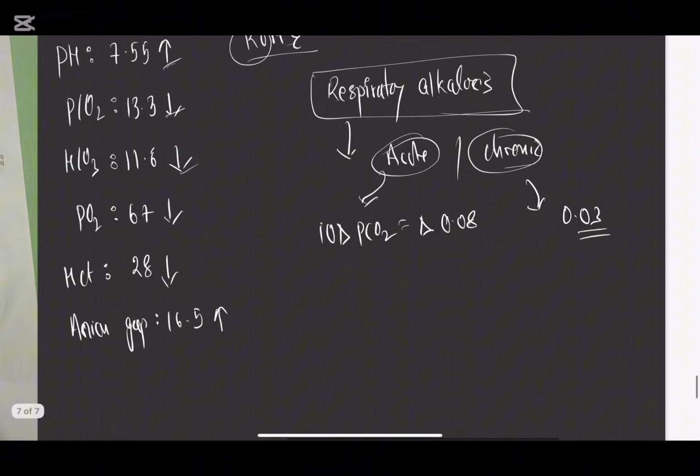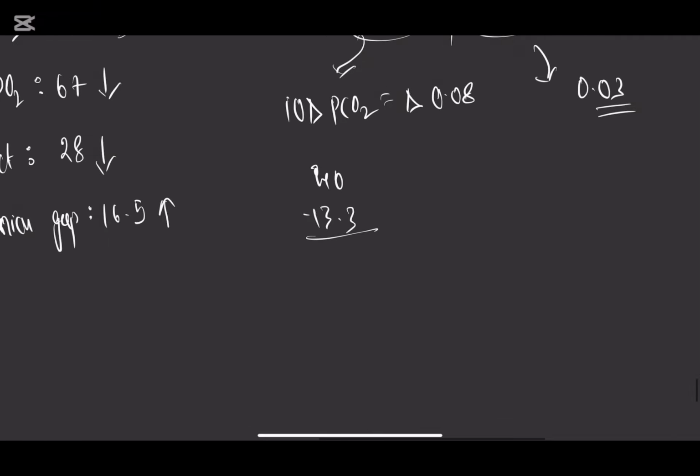So there is a change of PCO2, that is 40 minus 13.3, which comes to 26.7.